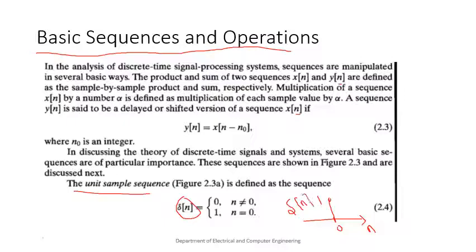Delta of n is 1 when n is equal to 0, and when n is not 0, everywhere it is 0. This is the unit impulse or unit sample, whatever you want to call it, because this is just one sample. So this is a basic sequence. We are going to talk about this a number of times, so just remember its representation. Let's move on to the next slide.